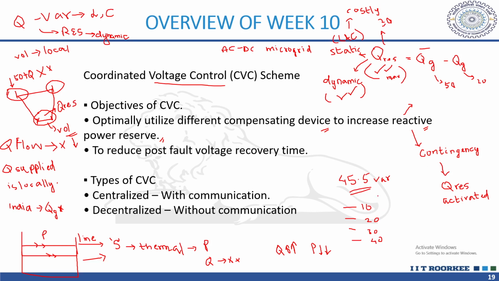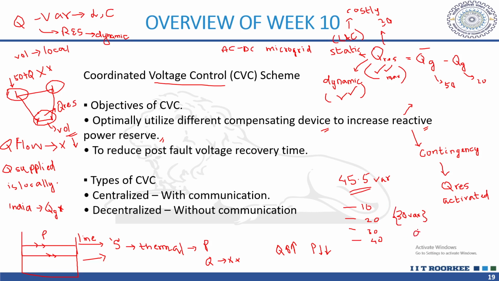Third, they cannot provide beyond their rating. Let's say you have a static capacity of 30 VAR, what to do if the VAR required is above that? They can't do anything, right?